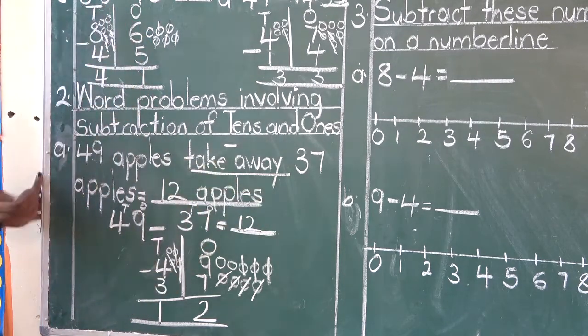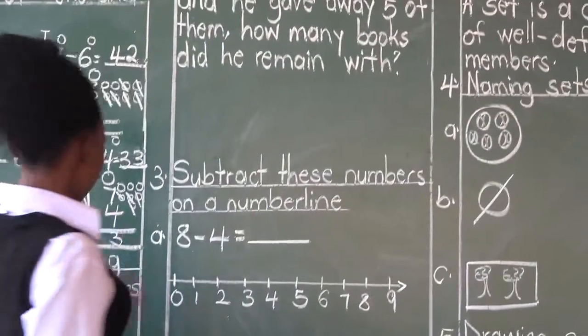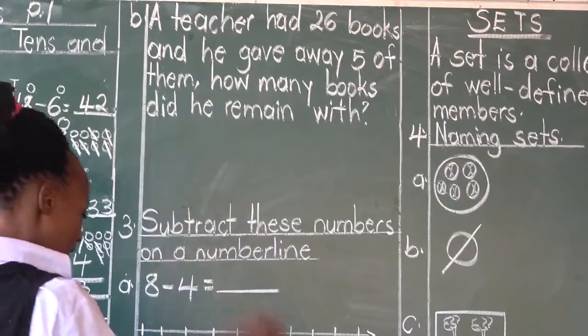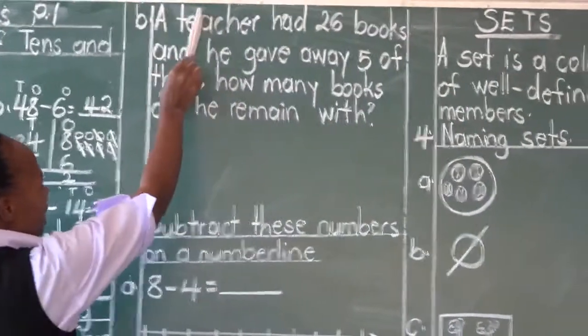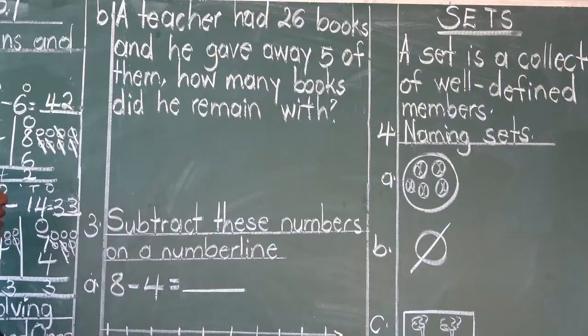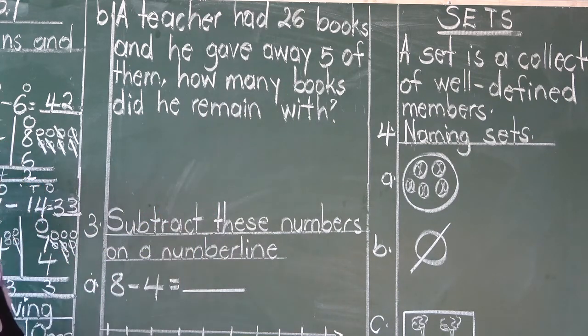That is the answer. Let's look at another problem, still under subtraction of tens and ones. Here we have: a teacher had 26 books and he gave away 5 of them. How many books did he remain with? Still, you have to look for the keyword. Look at those sentences.